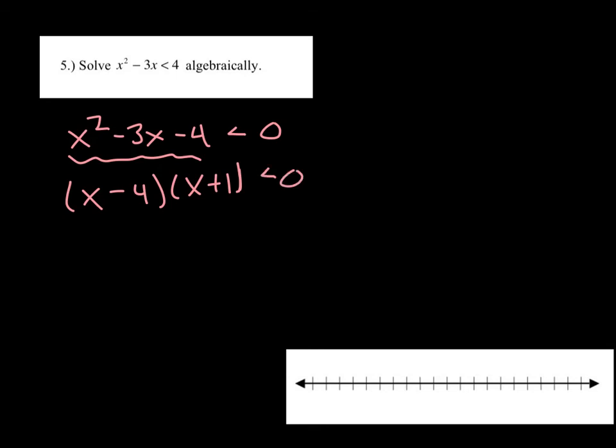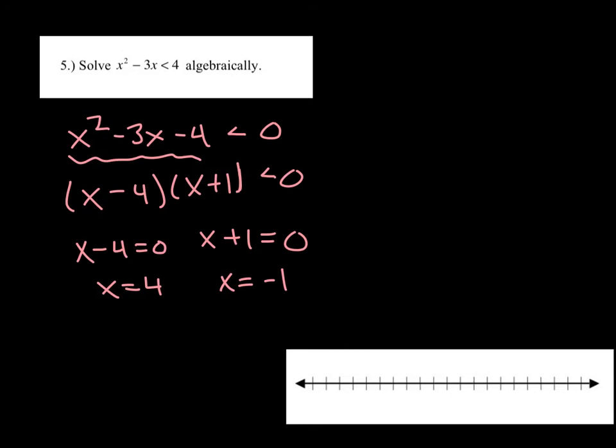So again, periodically treat it as an equation. If we use our zero product property, we could set each of these equal to 0 and solve for x. So we would get x equals 4 and negative 1. So what that tells you is where to put your dots or your points on your number line.